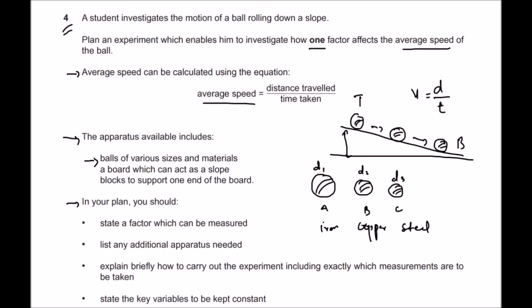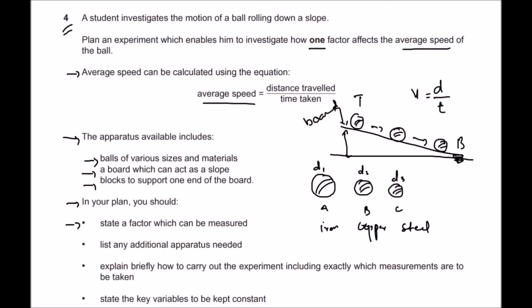So you have these three balls. Then you need a board which can act as a slope. You can see in the diagram, this is the board. You can arrange it like this, and blocks to support one end of the board. On this side you can use one block that supports this board. Now further, look at this part 1. State a factor which can be measured.